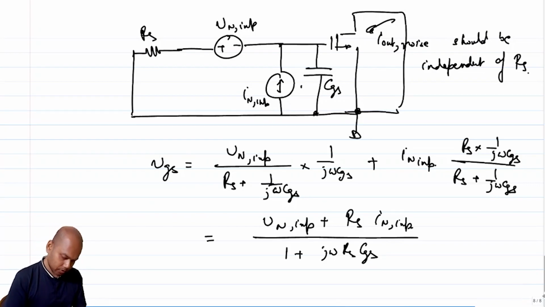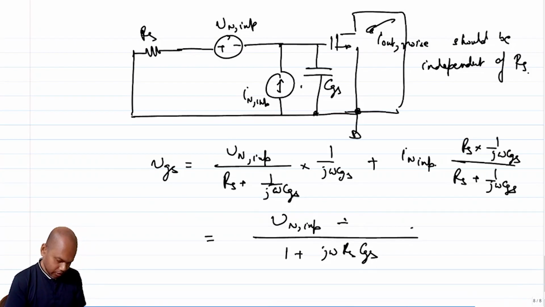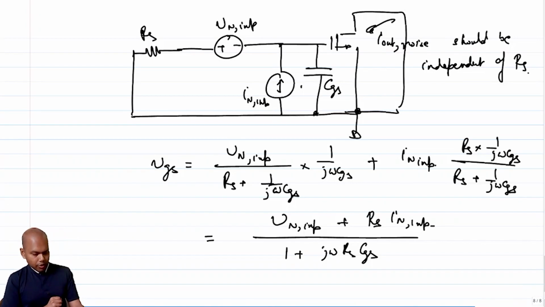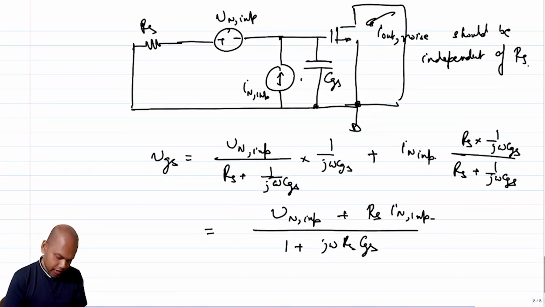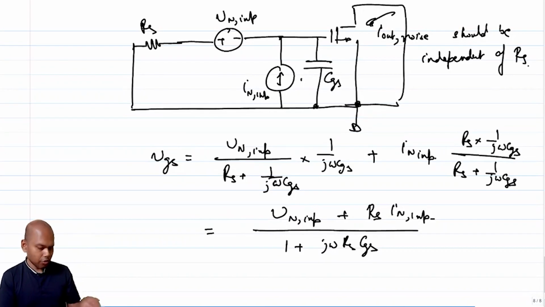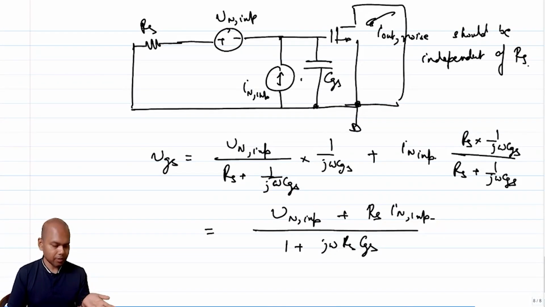Okay, fine. Now, what is Vn INP? How do I know what Vn INP is? These are modeled values.